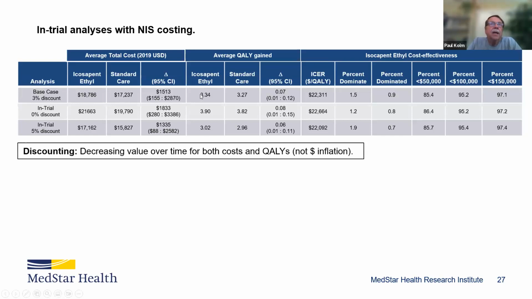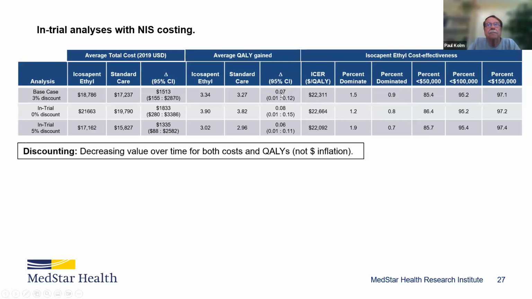Then we're looking at quality adjusted life years here. So the quality adjusted life years for IPE was 3.34, and for the standard of care, 3.27. And the difference between these is 0.07. So our incremental cost effectiveness ratio here is $22,000 and a little bit more, which is just the 1,500 divided by the 0.07.